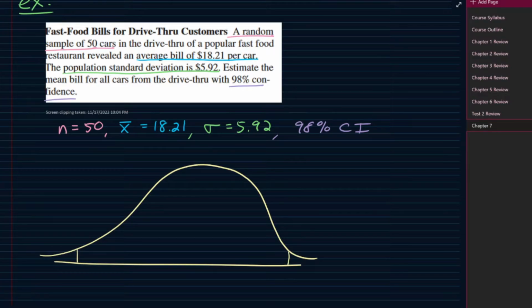That means there's going to be 1% in each tail. If we've got 98%, that's 2% left over to divvy up amongst the tails. Cut it in half because of symmetry, giving us 1% in each tail. And so we're going to be looking for the Z value which has the area to the left of it closest to 0.01.